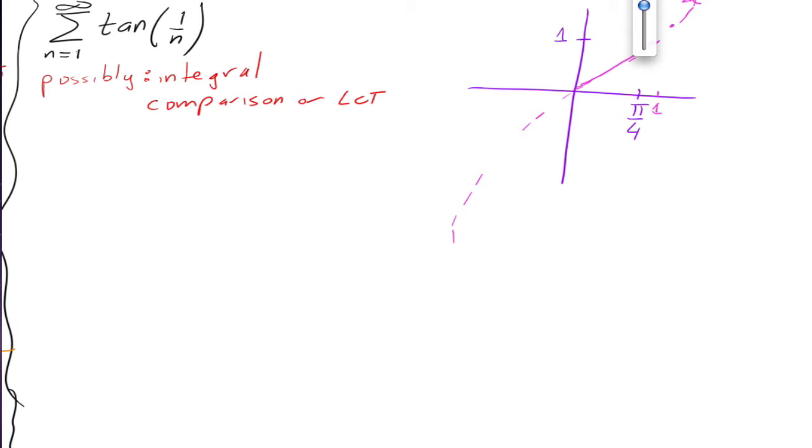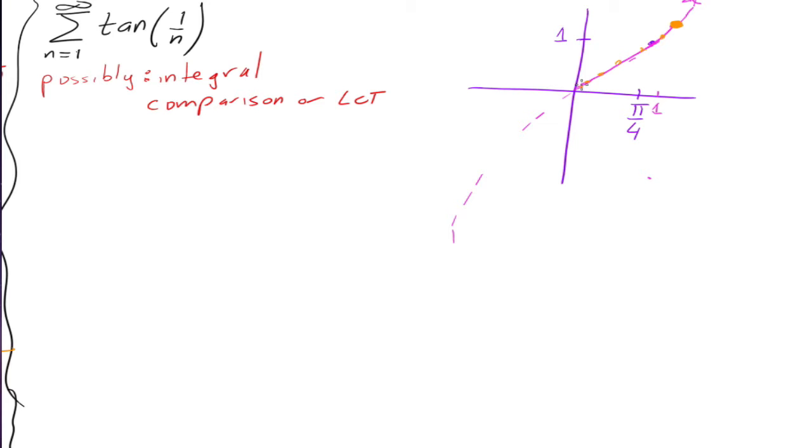So right here, the first term of the series is tangent of 1, and then all of the terms of the series are going towards 0, right? So, interesting.